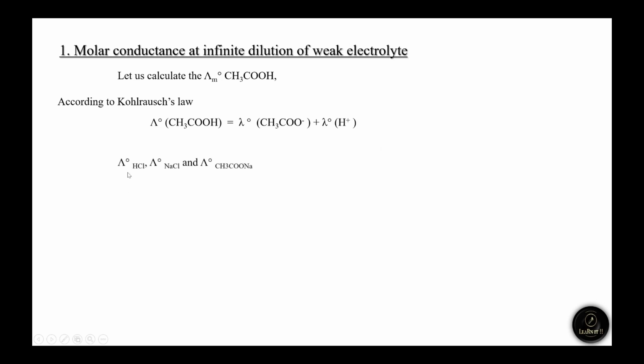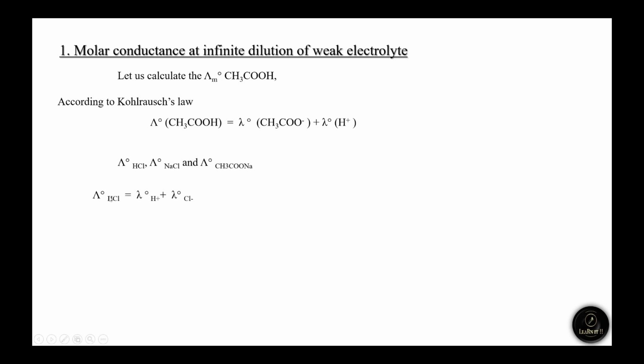So we can use the molar electrolytic conductance at infinite dilution of hydrochloric acid, sodium chloride and sodium acetate, as these are strong electrolytes. They will have straight lines which meet the y-axis. So we can make use of them.